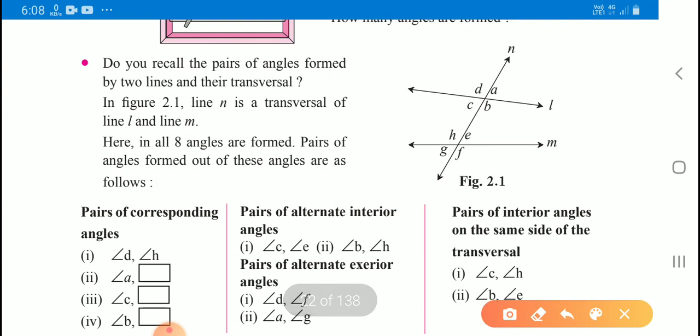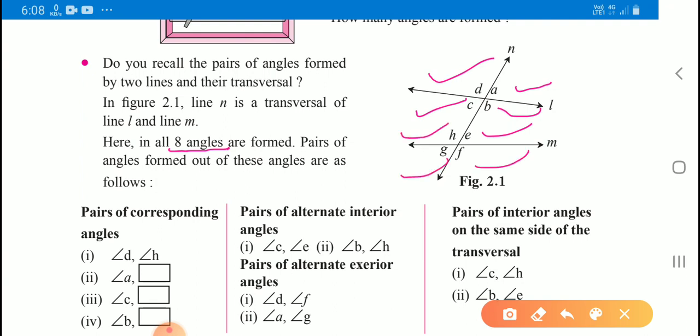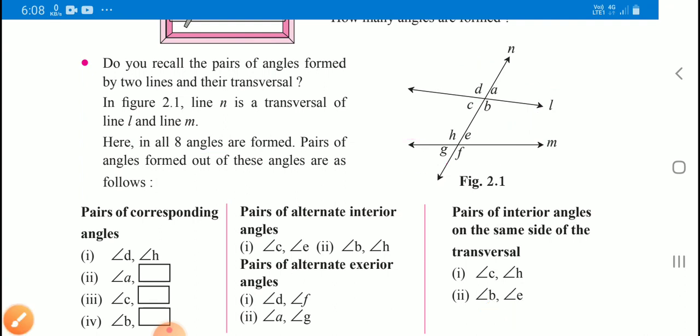Here also they showed that there are total 8 angles. Okay, here in all 8 angles are formed. Pairs of angles formed out of these angles are as follows. You know that here they showed the angles by A, B, C, D, E, F, G and H. Okay, now we'll see the pairs of angles.